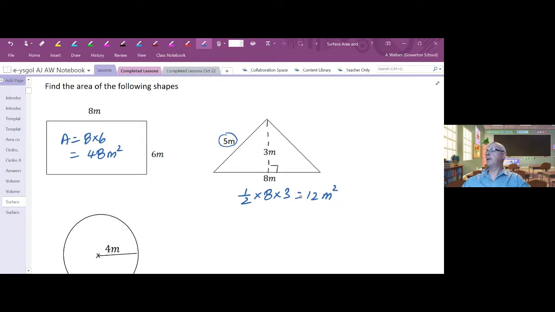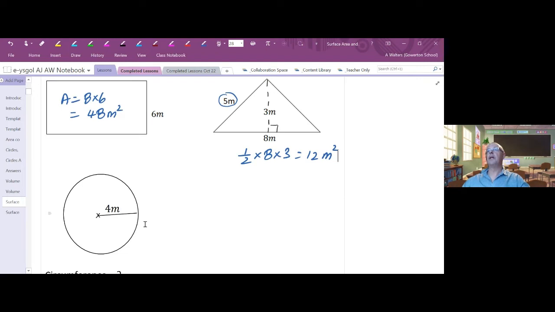Okay. Now down the bottom, you would need a calculator, and you do need a calculator for today's work. I'm going to use the pi key on the calculator. You might want to use 3.14, but I'm going to use the pi key. The area of this circle is pi r squared. That is a formula that will not be given to you. You work out the area by using the pi button on the calculator, times the radius.